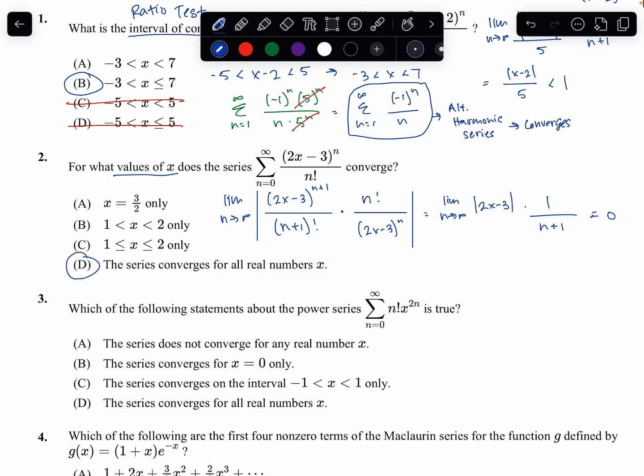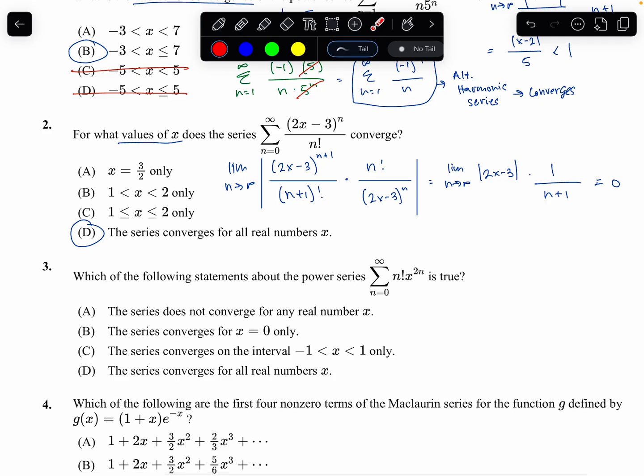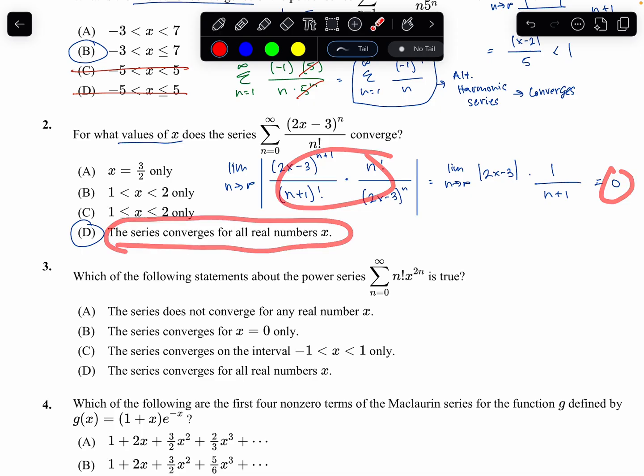So there's no, well, there is a radius. The radius is infinity. So if the result of the limit test of a power series, not of a regular series, of a power series is 0, then the series converges for all real numbers x.